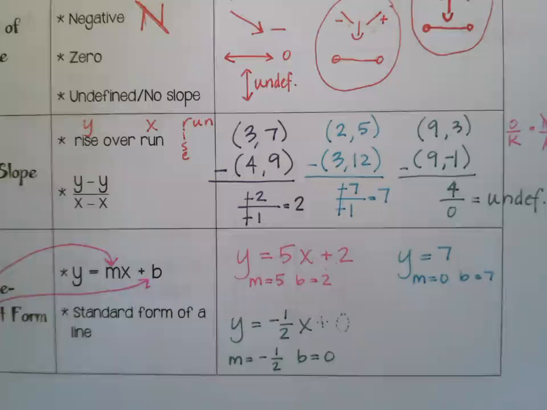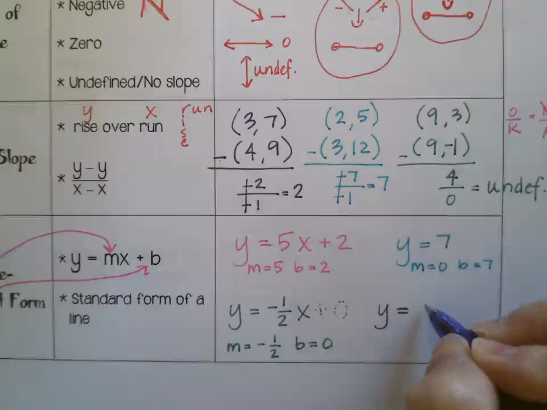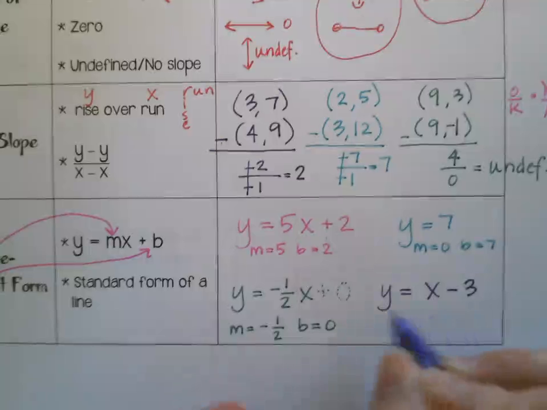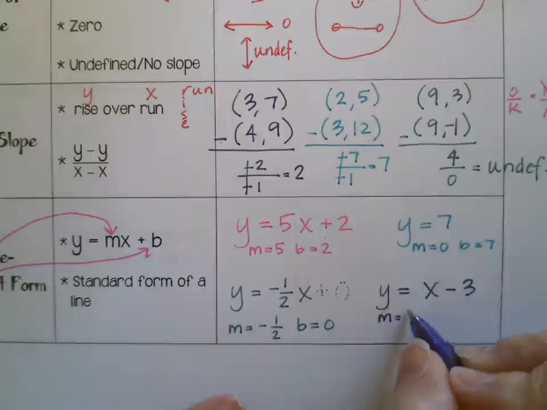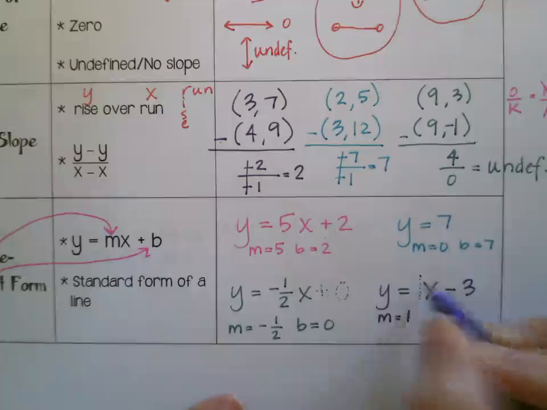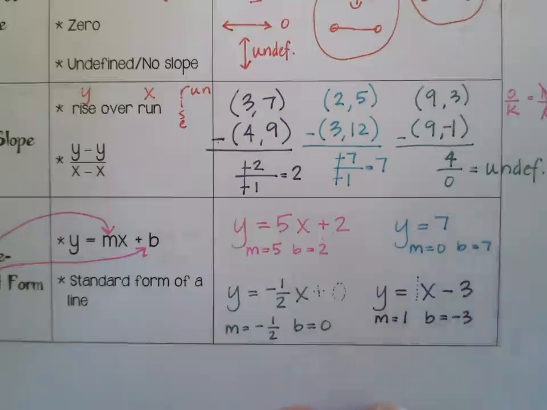And then one last one. Let's say we had y equals x minus 3. So looking at this, I know that the slope is 1 because we know that there's always a 1, and the y-intercept is negative 3. All right, so that's slope-intercept form.